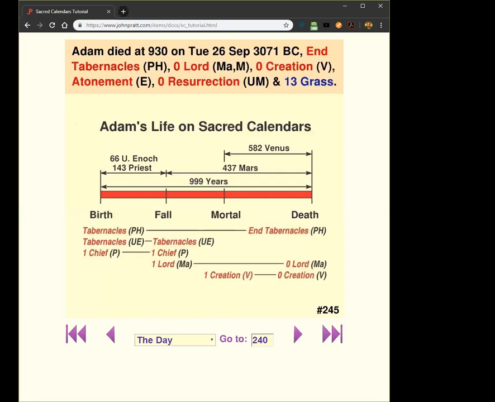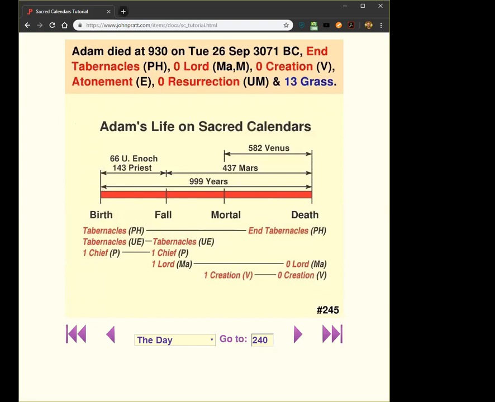All right, Adam died at the age of 930 years of mortal life, from when he left the Garden of Eden at the beginning of mortality. And that day was at the end of Tabernacles. Now, that's great.